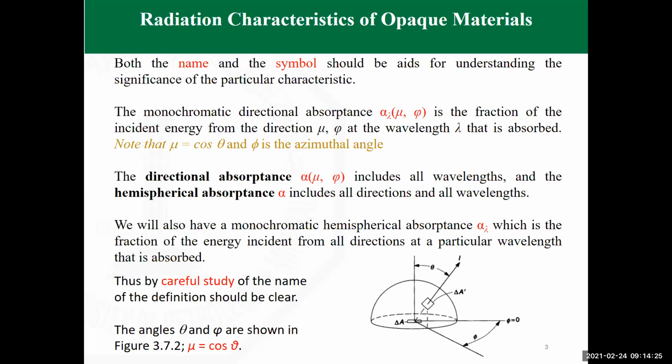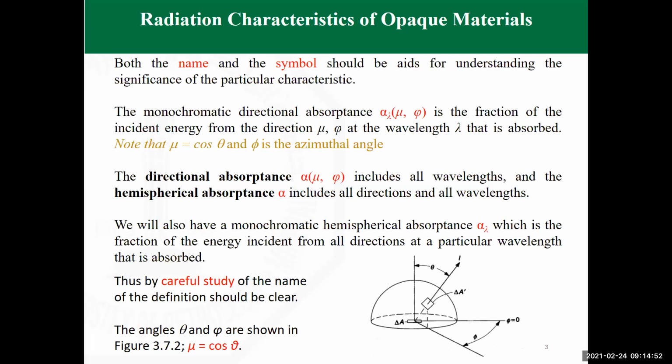So we're going to talk directly about cosine theta, which is termed mu. So when we say alpha is a function of mu, it means that alpha is a function of cosine theta, or indirectly alpha depends on the value of theta. But just for the sake of practicality, we're going to say it's mu, and mu is cosine theta.